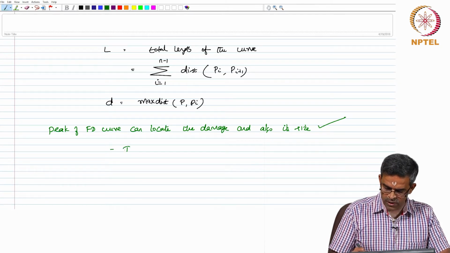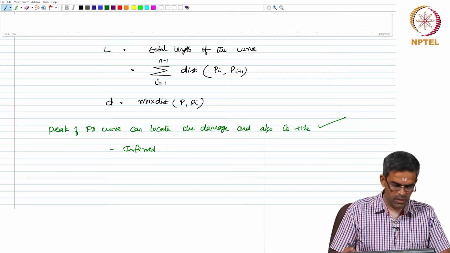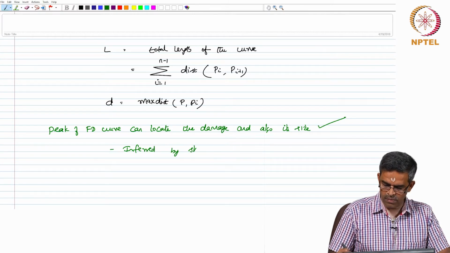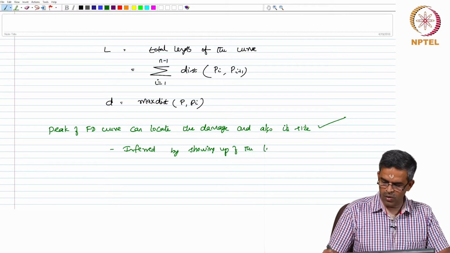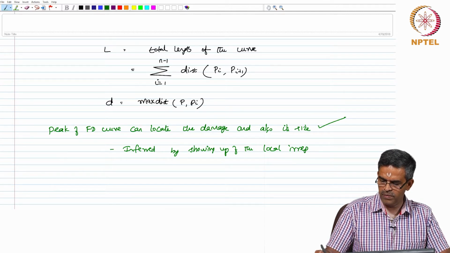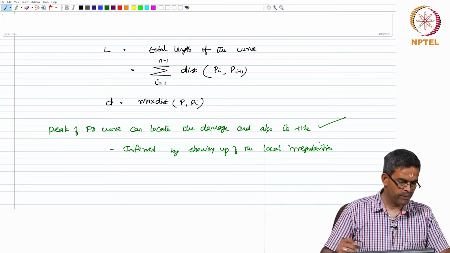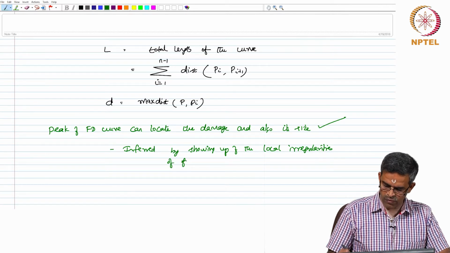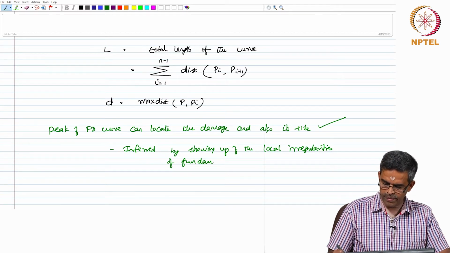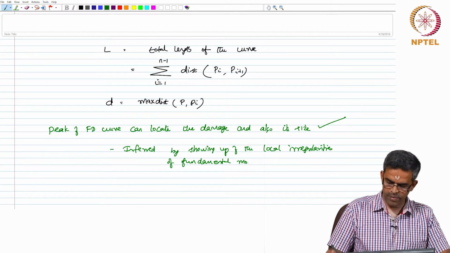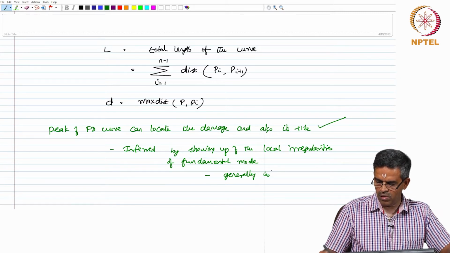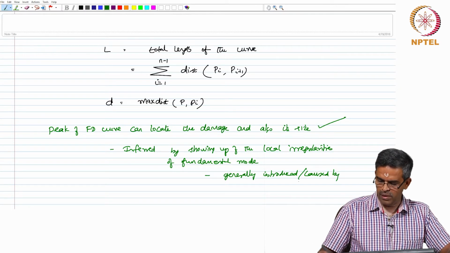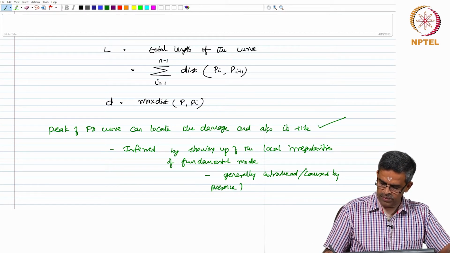This can be inferred by showing up of the local irregularities of fundamental mode shape which is generally caused by the presence of damage.